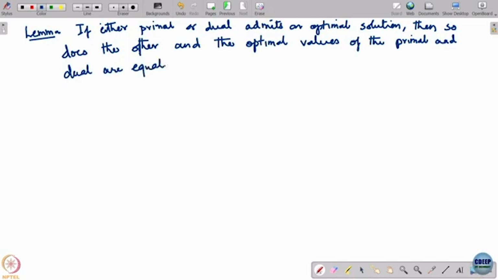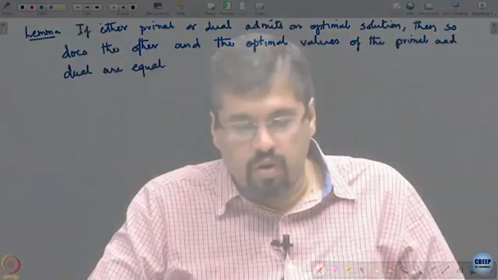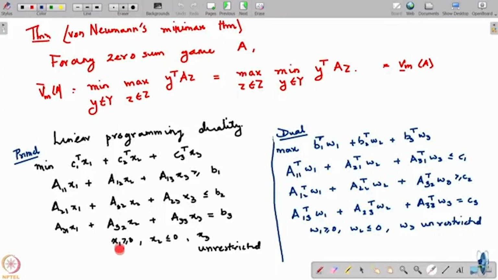So we are not saying optimal x's are equal to optimal w's, obviously not. There is no claim being made about the relation between the x's and the w's, but what is equal here is the optimal value of the optimization.